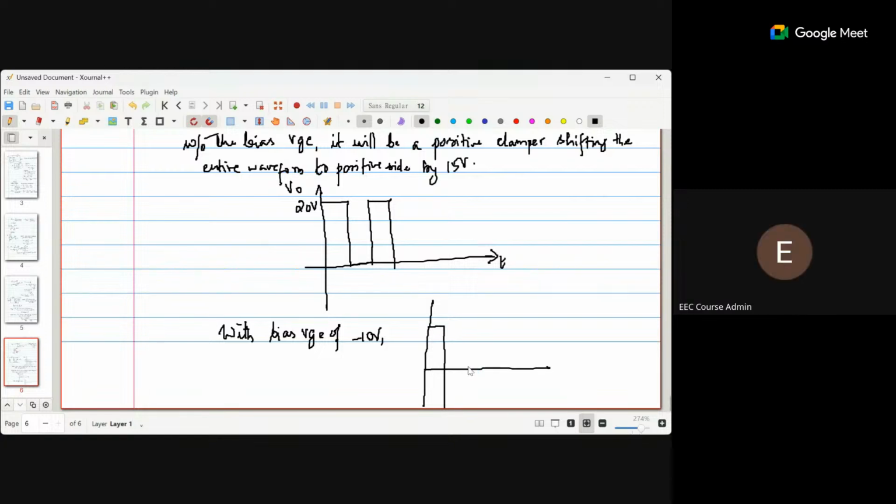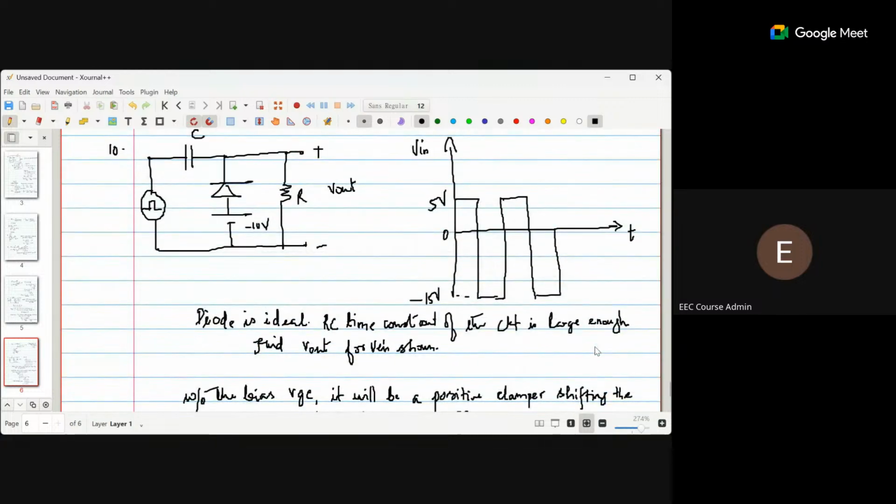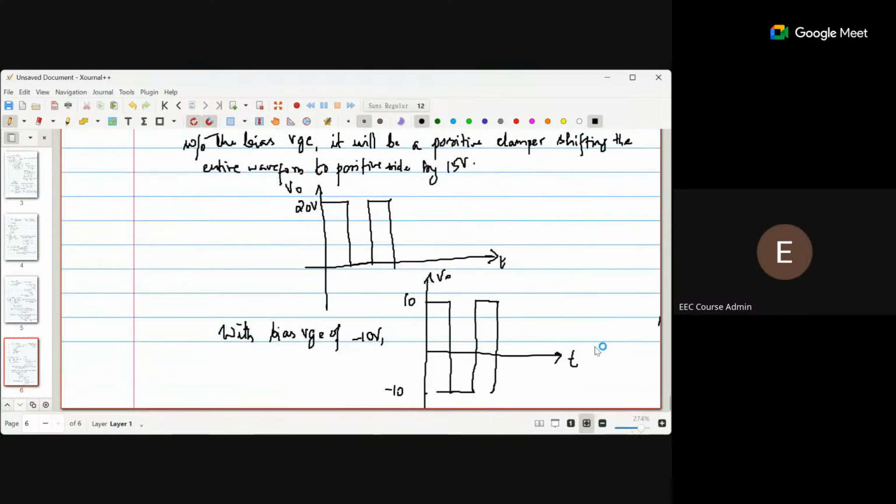So 10 and minus 10. Correct? D is conducting during the negative half cycle.